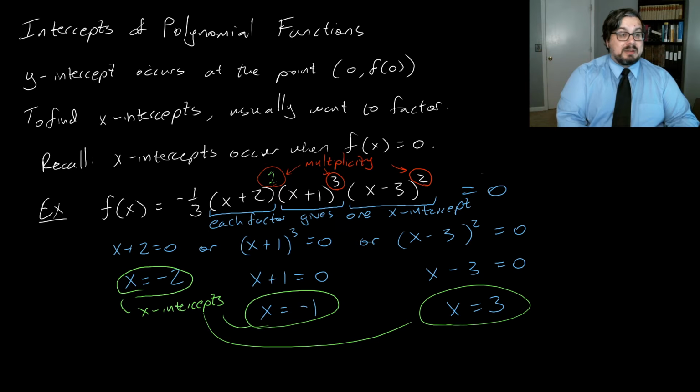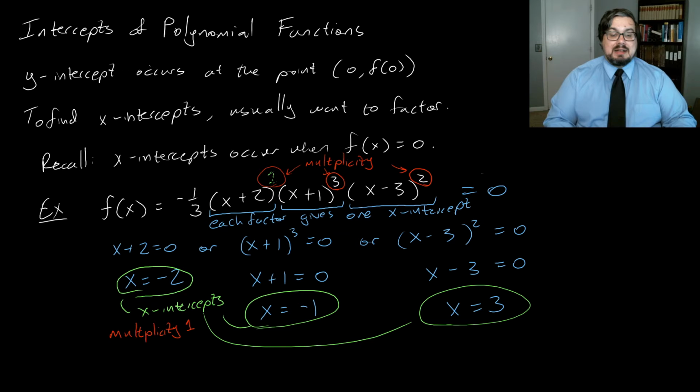So, for instance, we will say that the x-intercept at -2 has multiplicity 1. And that's because the factor x plus 2, which gave us that 0 of -2, occurred once in the factored form of the polynomial for f.